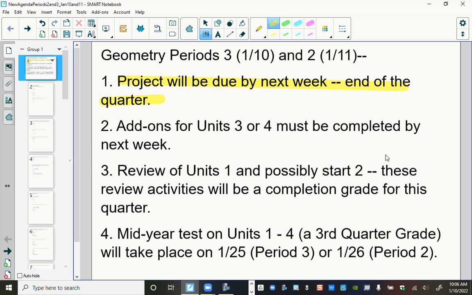Now, what we're going to be doing, there were 1 or 2 options. Option 1 was to start something new, but given the time constraints, with us not having last week at all, I thought a better idea would be to review everything we've learned up through this point: Units 1, 2, 3, 4.